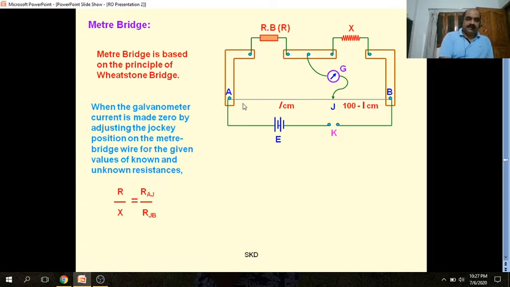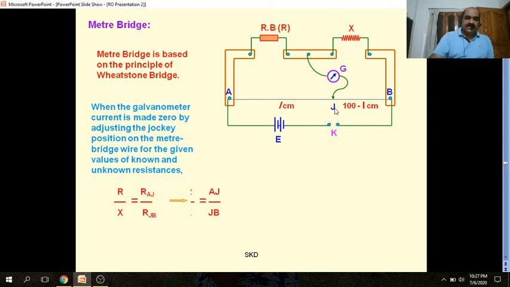P is the resistance of this portion of wire AJ, and the resistance of the JB portion of wire is treated as Q of that Wheatstone bridge. So R by X equals R_AJ upon R_JB. As AJ and JB are two parts of the same wire, the remaining things are the same, so the resistance is directly proportional to the length of the wire.